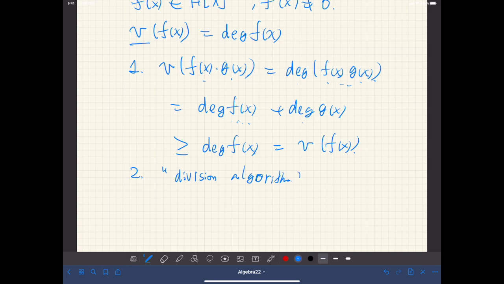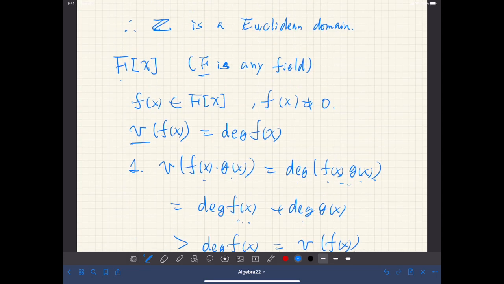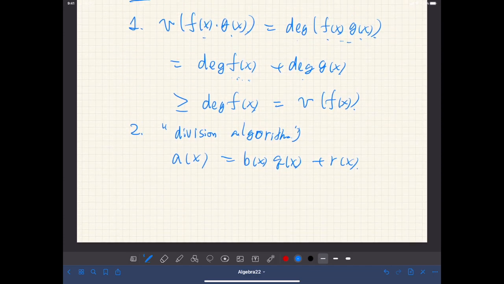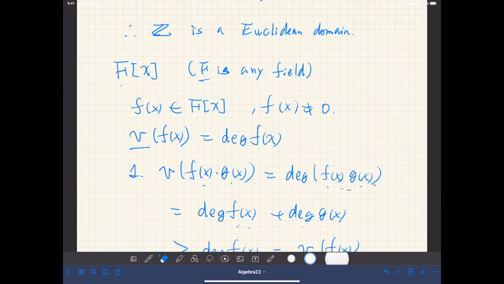That is, if we have any polynomials a of x and b of x, then there exist some polynomials q of x and r of x that satisfy the required conditions. So therefore, this is a Euclidean domain.